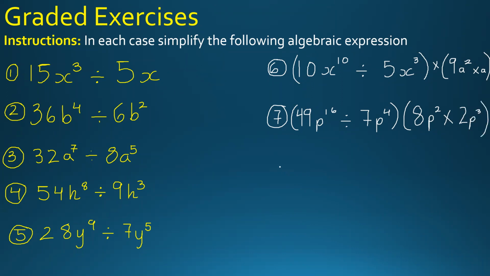And number 8, we're going to have 63m to the power 4 divided by 9m to the power of 17.